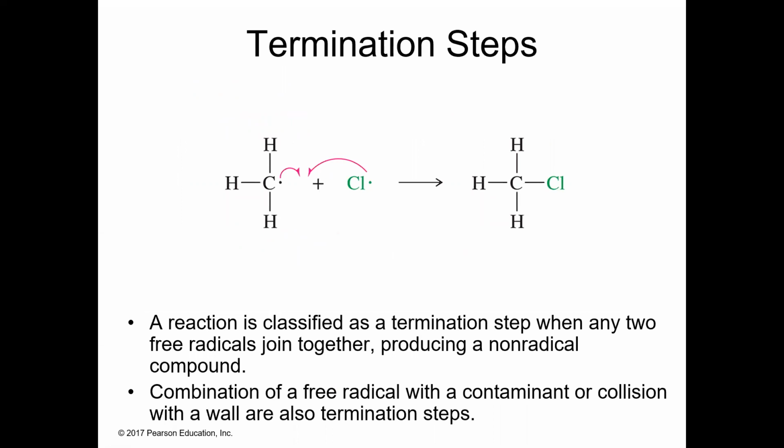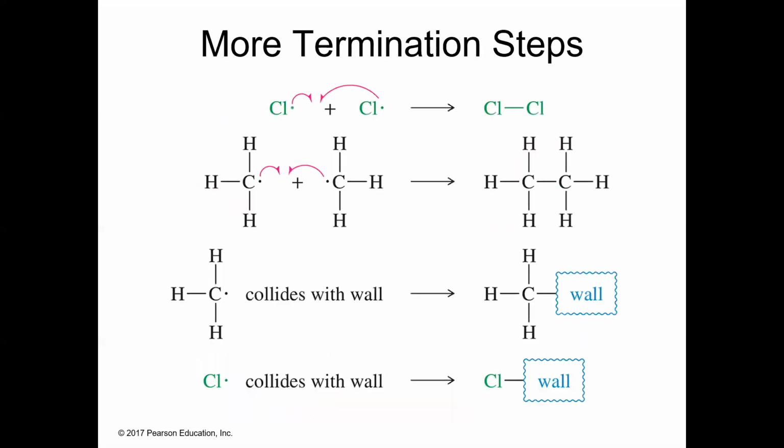One of the termination steps involves two of these free radicals combining to form a neutral molecule. In this case, a methyl radical and a chlorine atom. That produces a product. And then you have some other termination steps that can take place.